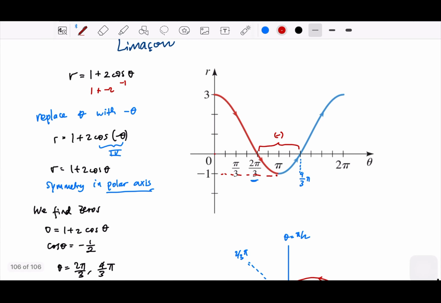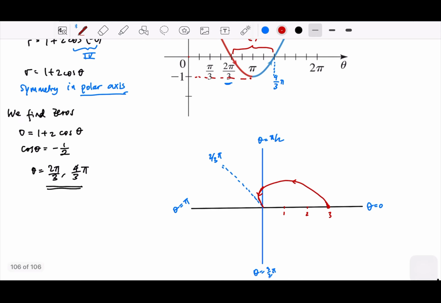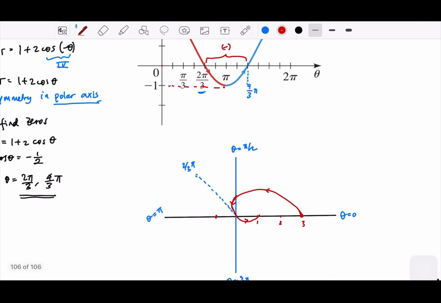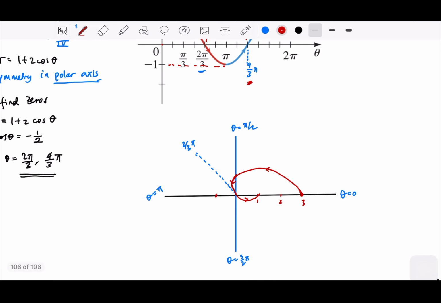When we have pi, the value is -1. Remember, when we take -1, it's the opposite, so it should be here. Then we take the same approach for 4 over 3 pi, which is 0. So this whole thing here, the negative part, is actually the loop.